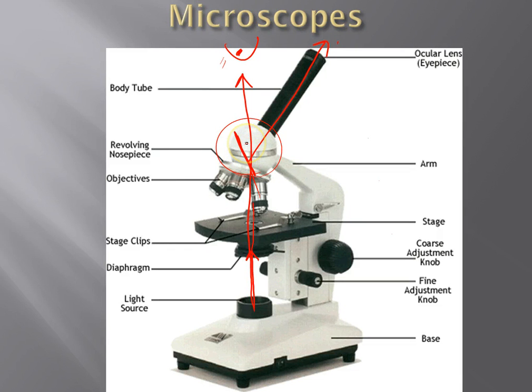Because there is no way to reposition that mirror. Well, I guess there is, but it would be more expensive to hire somebody to come out and reposition that mirror than it would be to buy a new microscope.